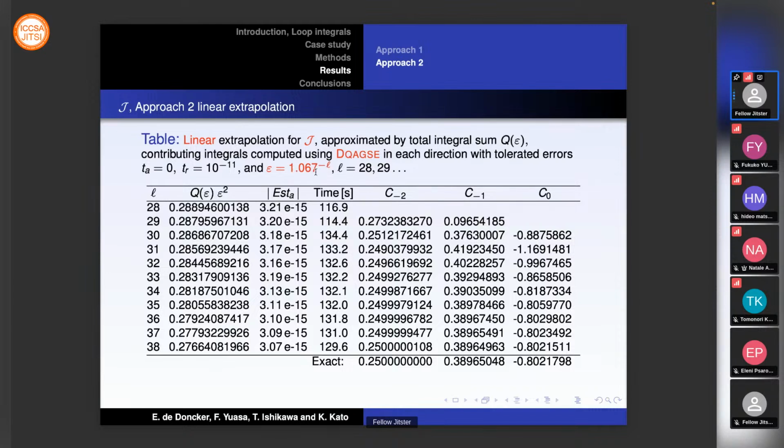It's a very slowly converging geometric sequence. So that is 1.067 to the minus L, with L values shown in the first column. The times are short, so a couple of minutes. And then for C minus 1 and C0, again, we get similar accuracy as with the first approach.